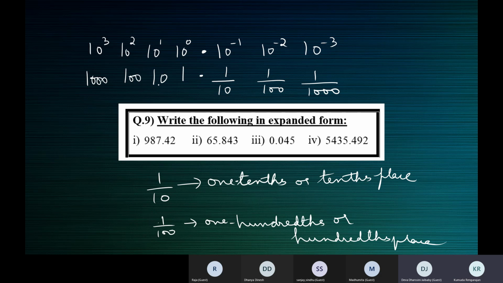This is tens. This is hundreds. Thousands.